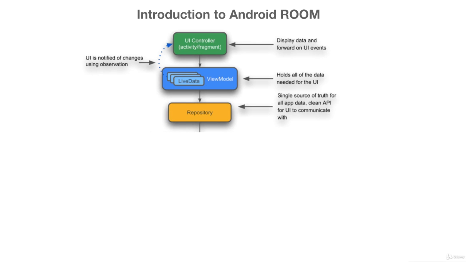As the name implies, live data is supposed to be live, meaning it's supposed to be always listening around to whatever is happening around it, meaning all of the other classes that are connected to it. If something changes in the user interface, it will know how to then take the new data that was fed to the view model, do what needs to be done, and then pass it along so that the user interface can take that data and show it right away.